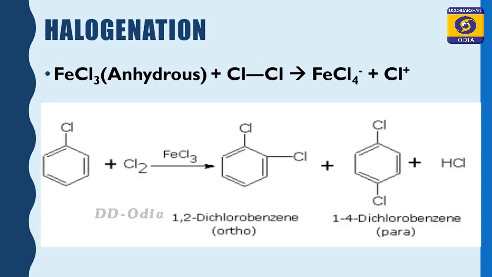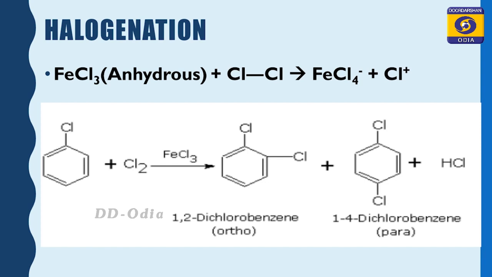Then in the halogenation process, we had seen that the chlorine molecule along with the Lewis acid acts as the attacking agent, in which the chloronium ion is produced, which acts as the electrophile. The chloronium ion, as we had discussed, may go to the ortho position with respect to the halogen atom, or it may go to the para position with respect to the halogen atom.